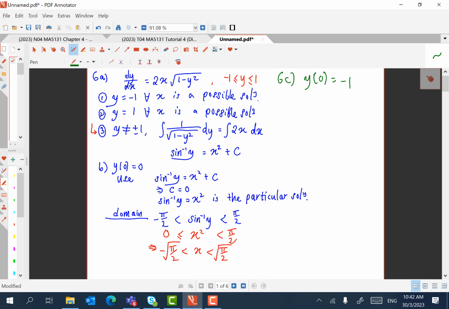So for 6C, given this condition, your solution will be like this. For 6C, you just have to state that y equals -1 for all x is the particular solution, full stop, because you cannot use general solution 2 or 3, so you use general solution 1.